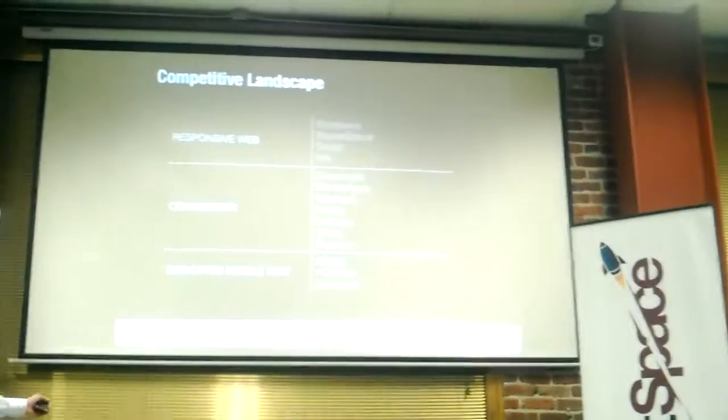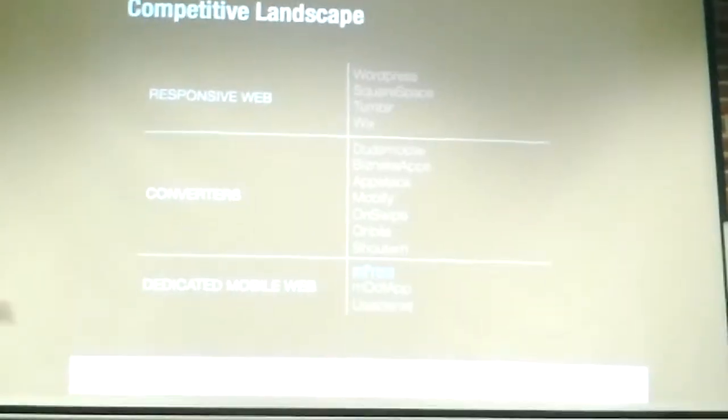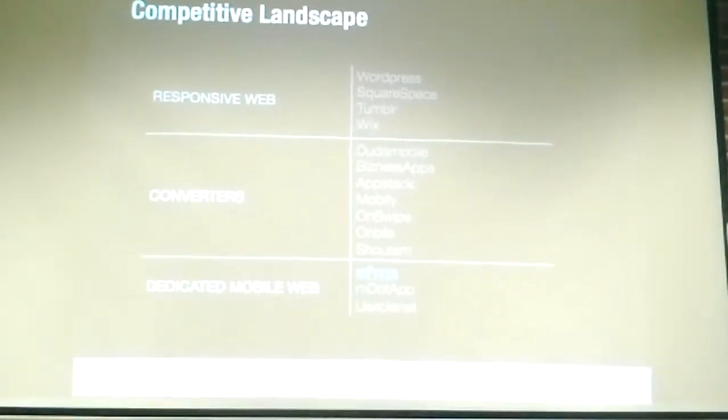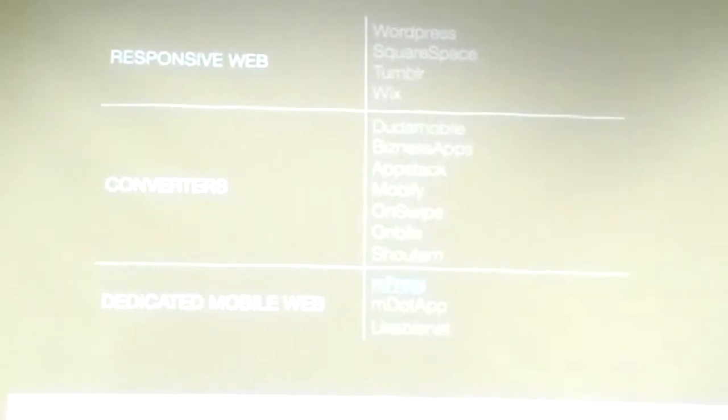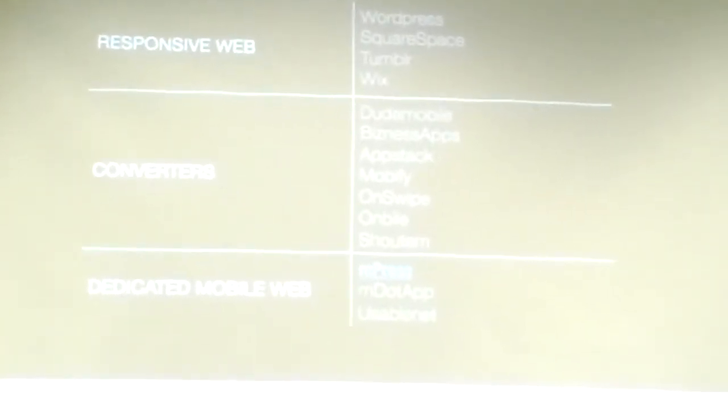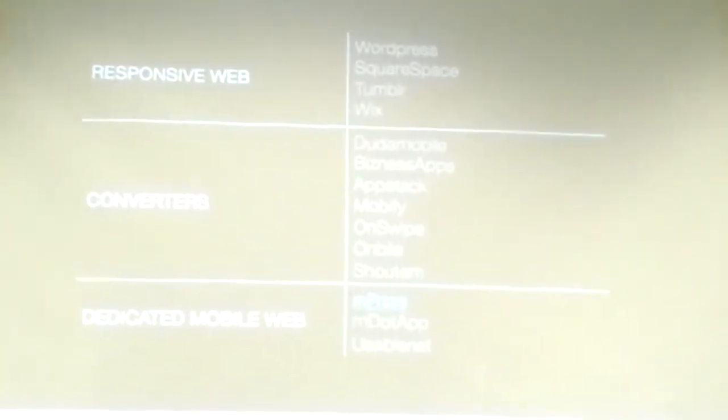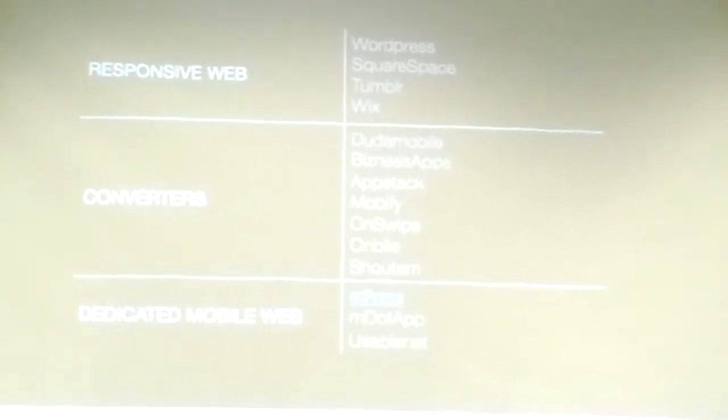Of course, with any big opportunity, there's always a large competition field. Here, I list all of our major competitors, classed into three categories. There are the traditional website builders that use responsive web as a solution. There are converters that take your website and convert it into a smaller format. And we're in the last category, where we do dedicated mobile web.